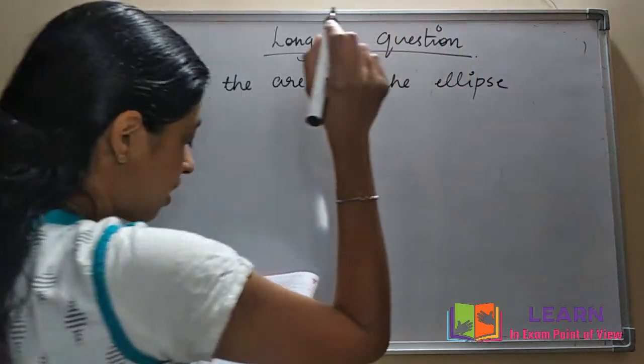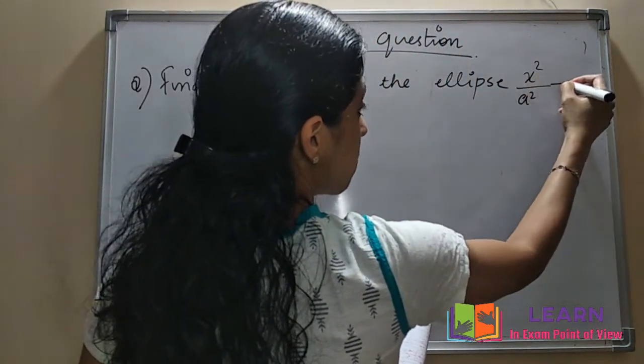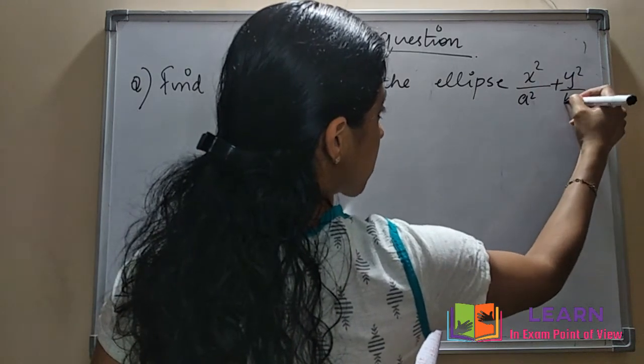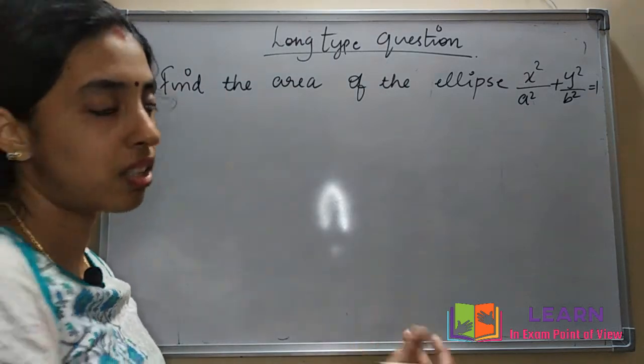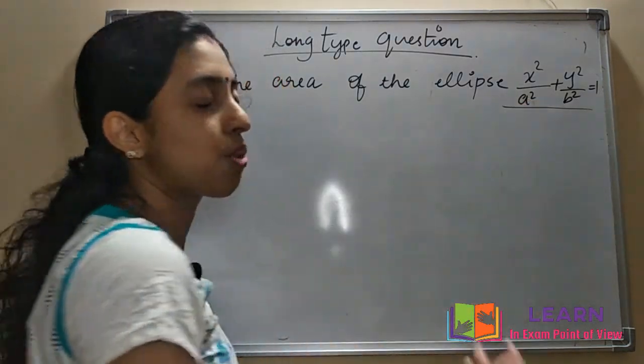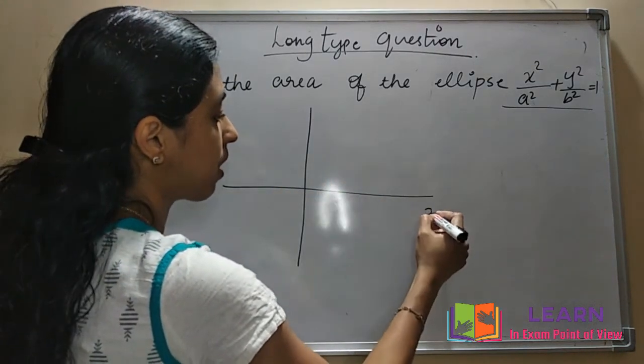The equation is given as x square by a square plus y square by b square equal to 1. If you see this equation, directly draw the figure, that is, plot the points in the xy axis.